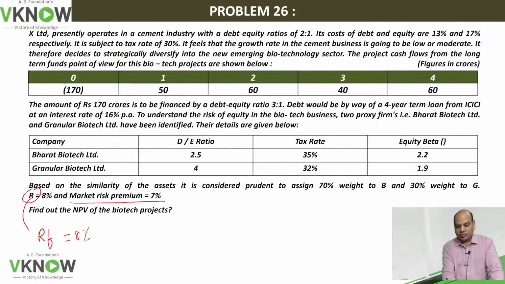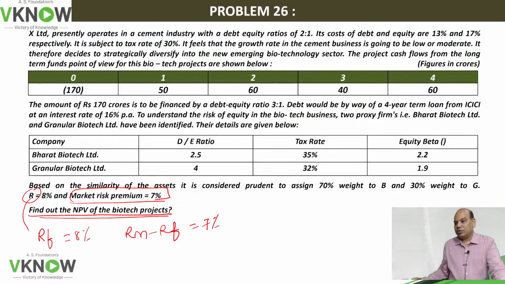Market risk premium, RM minus RF, is 7%. Find out the NPV of this biotech business.